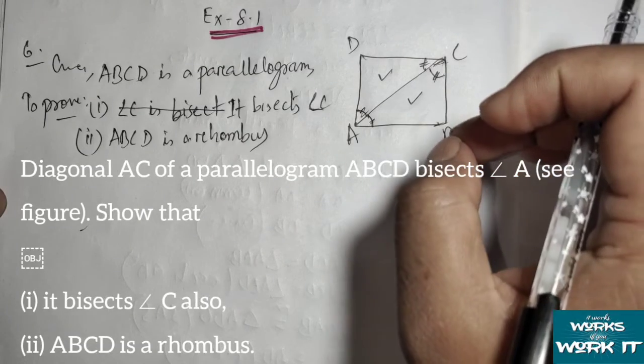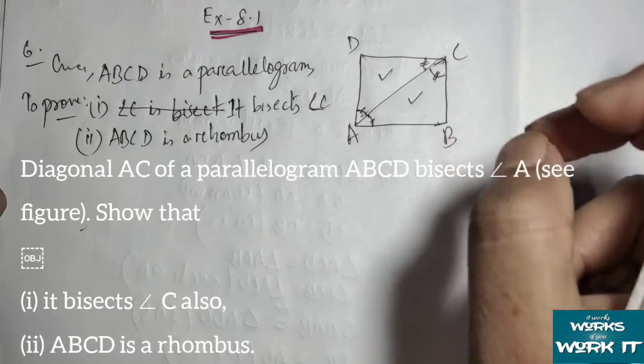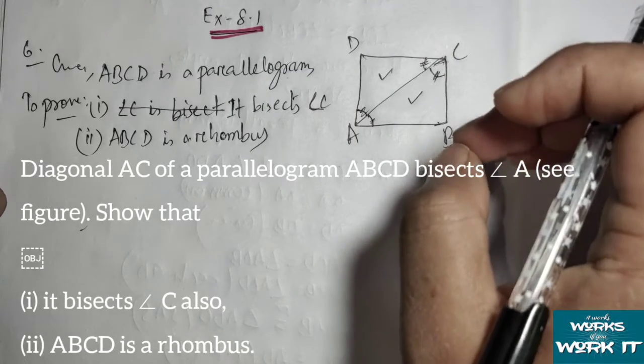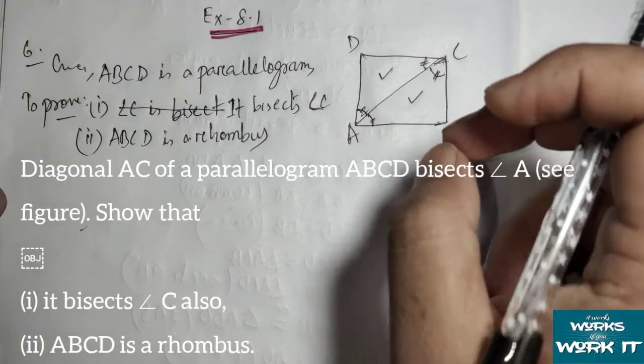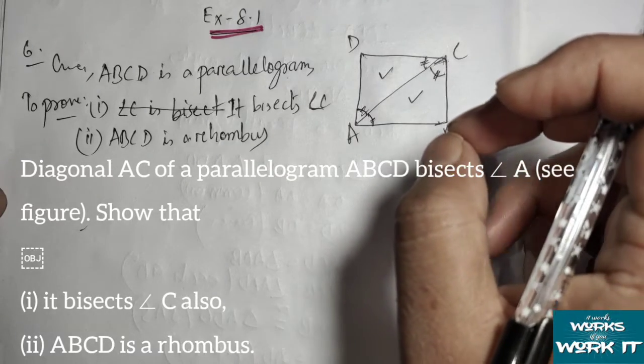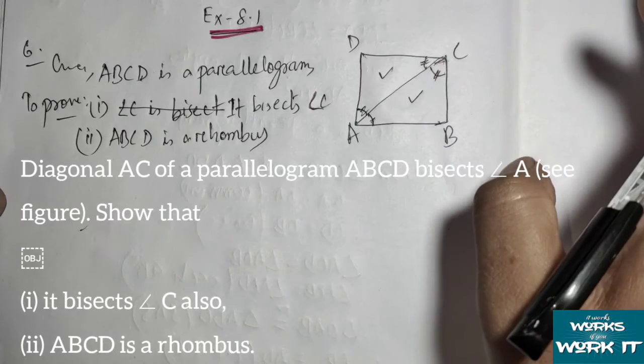Whenever we have to show any side or any angle equal, we need to take the two triangles that it is composed of, and show those two triangles congruent.